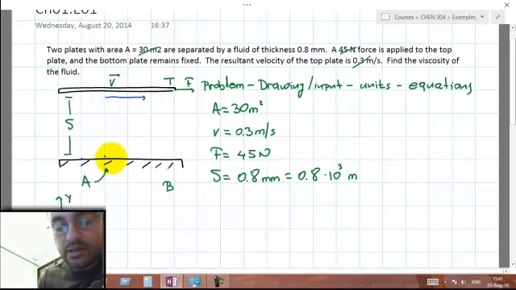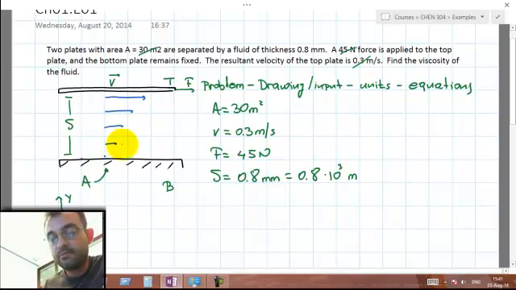Likewise, the bottom layer of the fluid is not moving at all because the plate adjacent to it is fixed. What happens in between? We have layers moving with lower velocity as we move downwards.